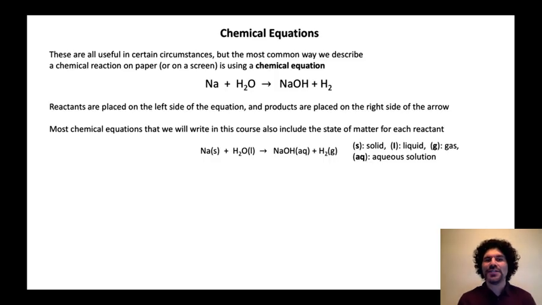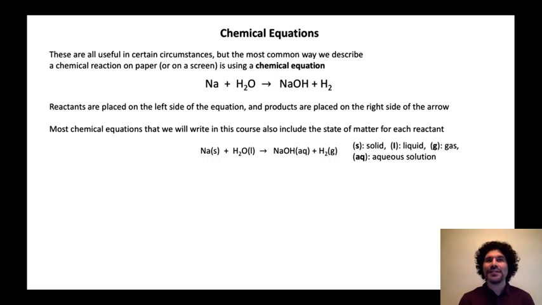For most chemical equations that we will write in this course, we will also include the state of matter for each reactant. The reason I like this particular reaction as an example is it involves all four states of matter that we're going to be writing in chemical equations. The sodium reactant is a solid, the water reactant is a liquid, and the hydrogen, the H2 product, is a gas.